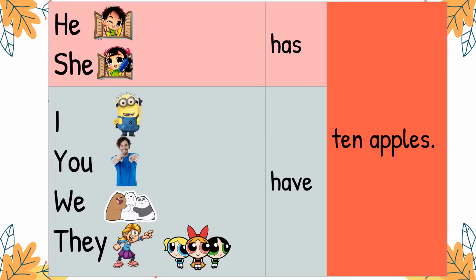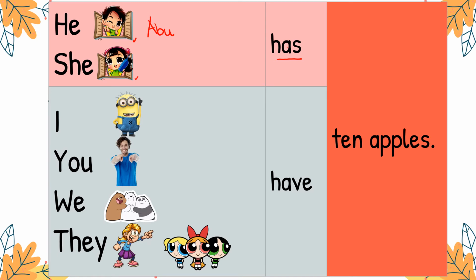Okay, just for reminder, he and she ialah singular. Maksudnya seorang, dia akan guna has. Tapi kalau kita guna kata ganti nama, contohnya Abu pun masih guna has.